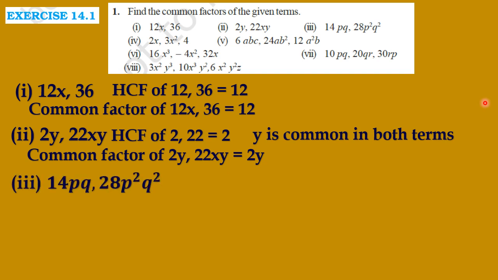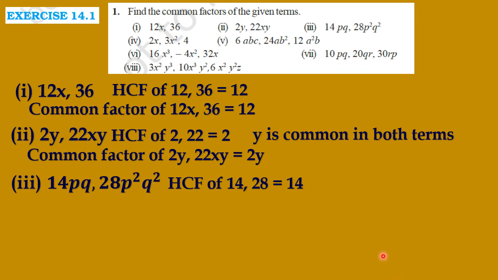Next 14pq, 28p square q square. So 14 and 28, what is the HCF? Again 14 because 28 is a multiple of 14. So 14 is the HCF. In both the terms you can see pq. Here also pq, here also pq, but here power p square, q square.